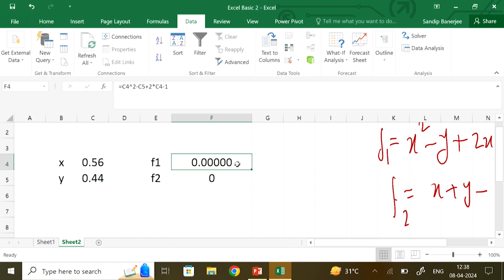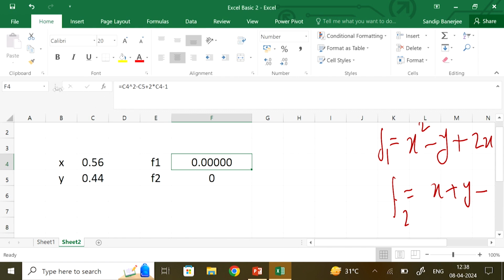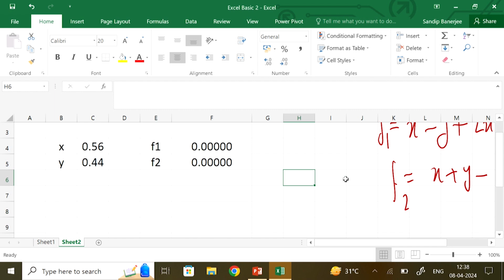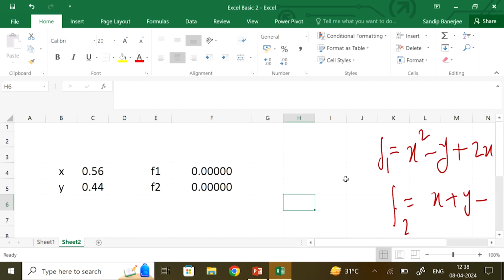If you want the same format in the next cell, you have to go to home, you highlight this cell, this will copy whatever format is in that cell, and if you press here, this has pasted the format. Both of them give 0, and you get your answer as x equal to 0.56 and y equal to 0.44. Now, how to choose this approximate root?